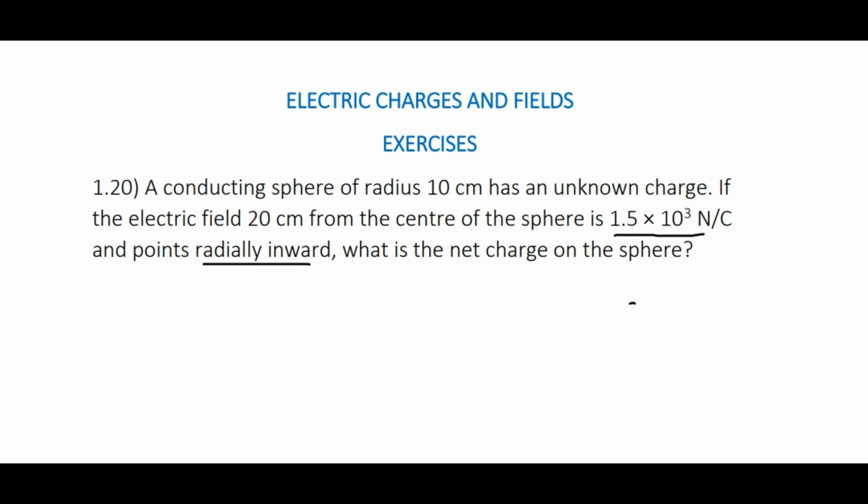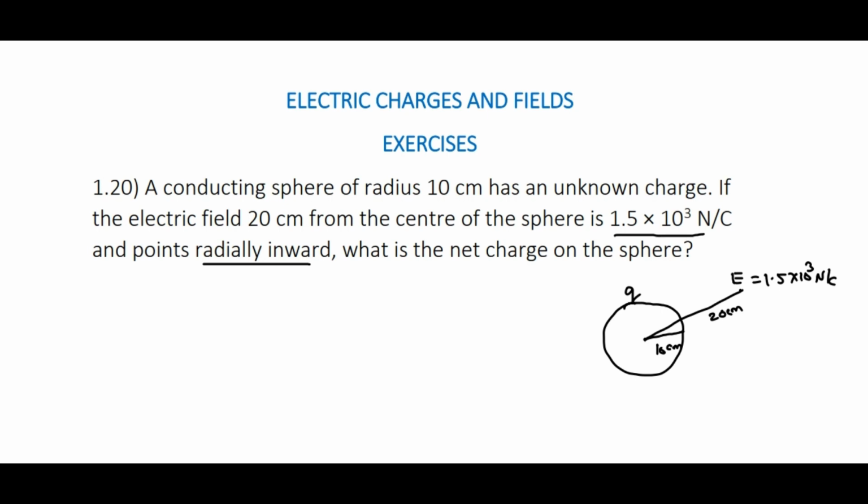We can imagine this is the sphere of radius 10 centimeter. Some unknown charge is present on this one. At distance 20 centimeter from the center of the sphere, here the electric field value is 1.5 into 10 power 3 Newton per coulomb.